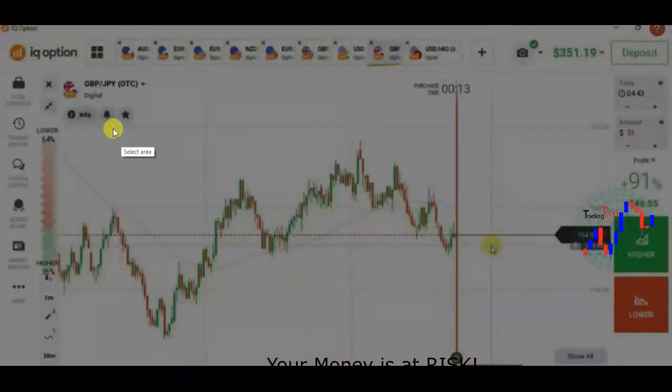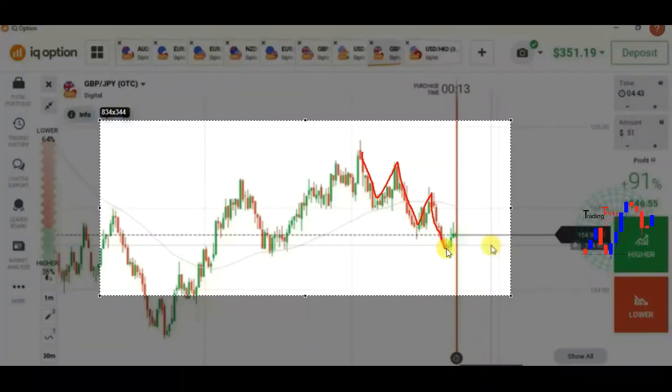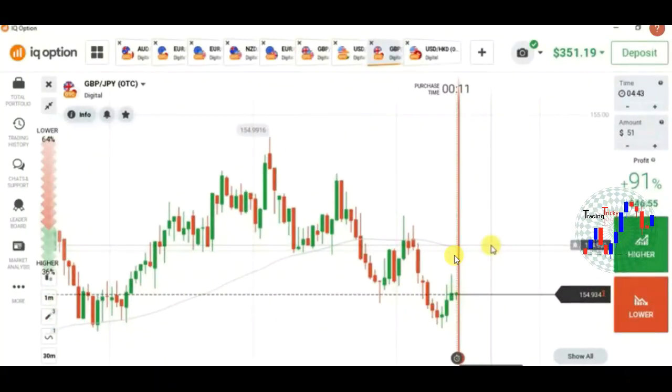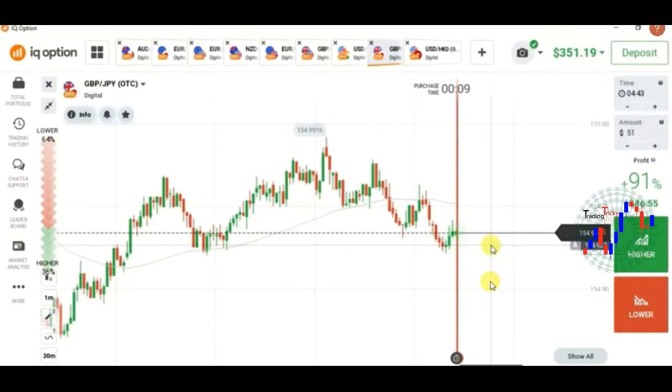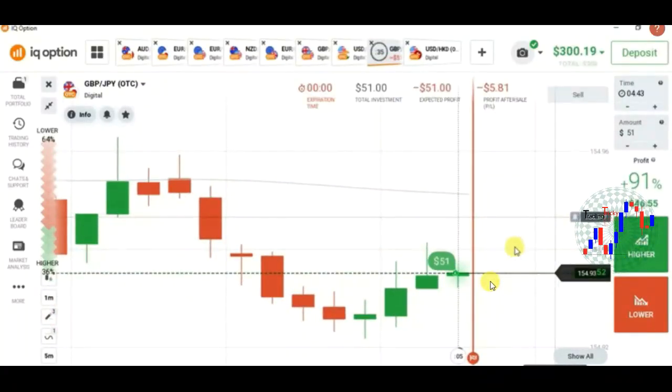Okay, if you observe this market, we can see sellers, then buyers, sellers, buyers, sellers. So buyers started, and we can see rejection by the buyers. It doesn't mean that it's seller's entry, because buyers tried. So you can see here, according to market movement, I should go with buyers.